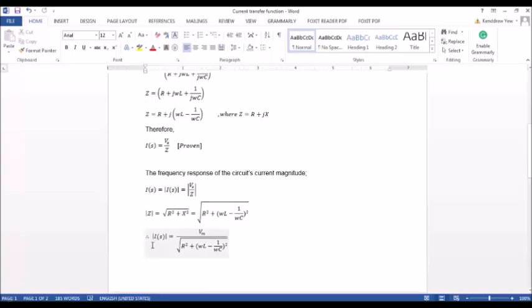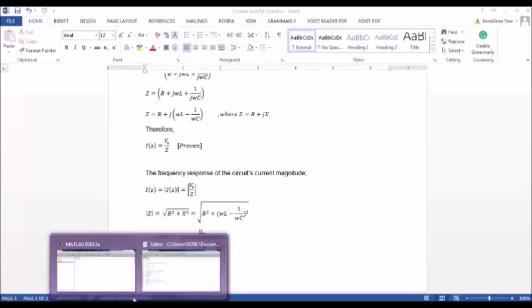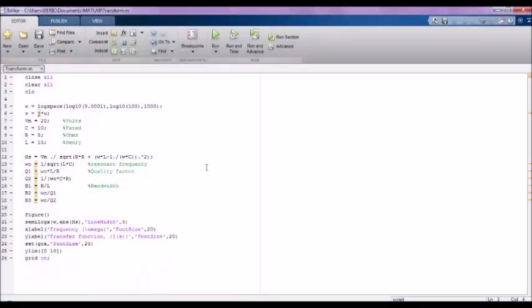So we get Is equal to Vm over the square root of R squared plus (omega L minus 1 over omega C) squared.